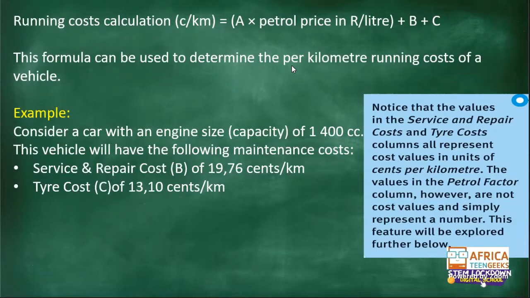For example, we've chosen the car, which is now with the engine capacity of 1,400 cc, and using that capacity, we can see the relevant service and repair cost, which is also calculated in cents per kilometer, which is now 19.76 cents per kilometer.